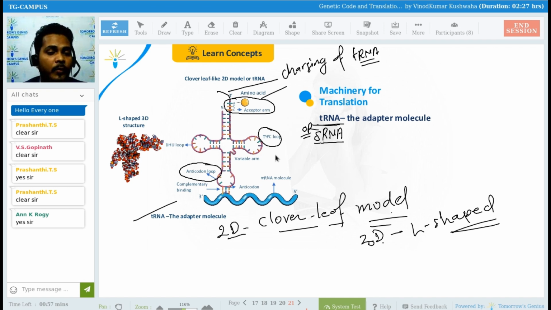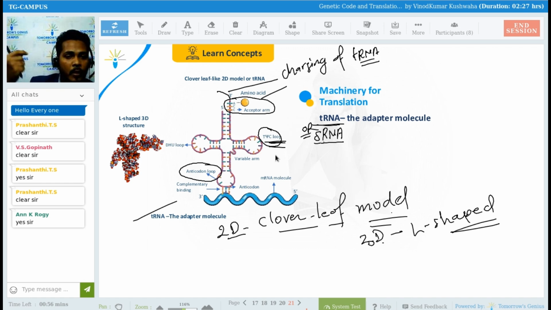Now the tRNA molecule also has an area for coming in contact with the ribosomes, and that area is referred to as the T-psi-C loop. This is the area for coming in contact with the ribosomes. If there is a tRNA, where will this tRNA go? It is going to contact the ribosomes.